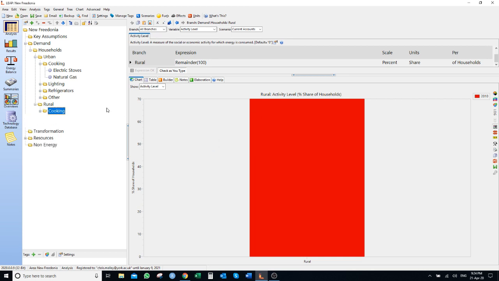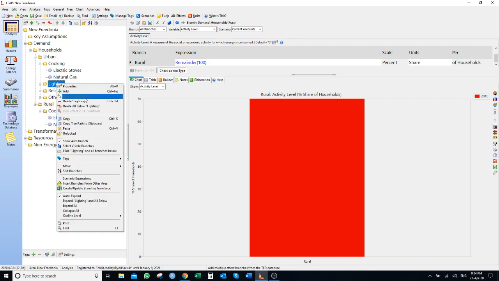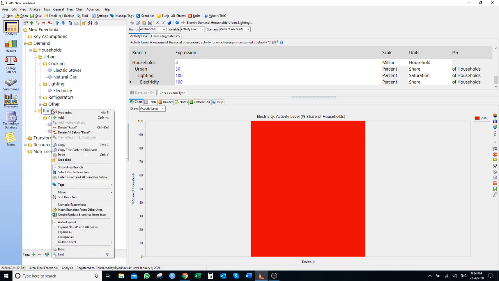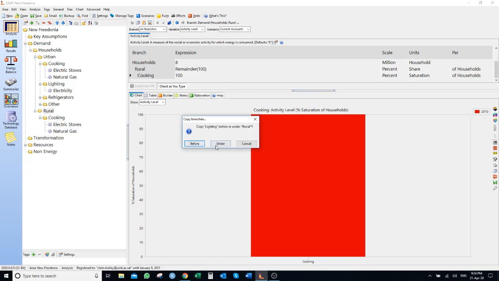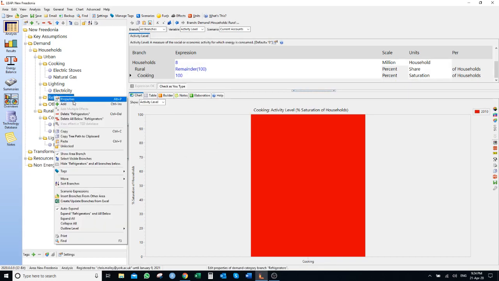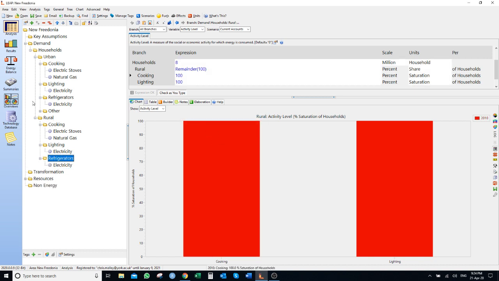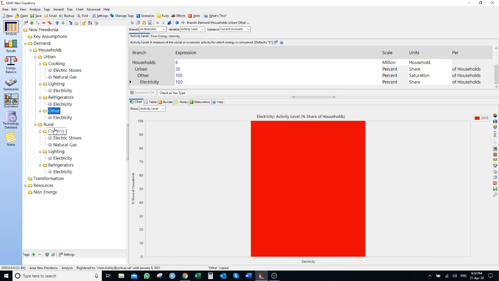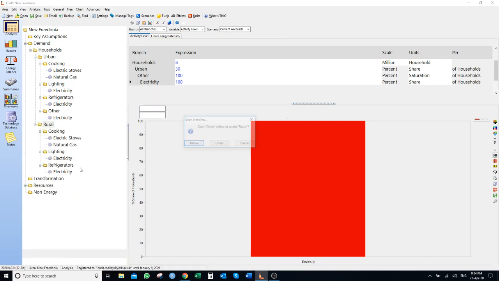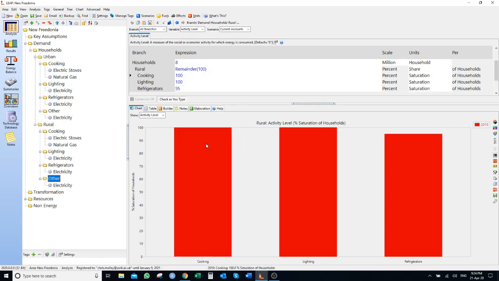So now I have cooking, I have lighting, I have refrigerators, and I have other under rural areas.